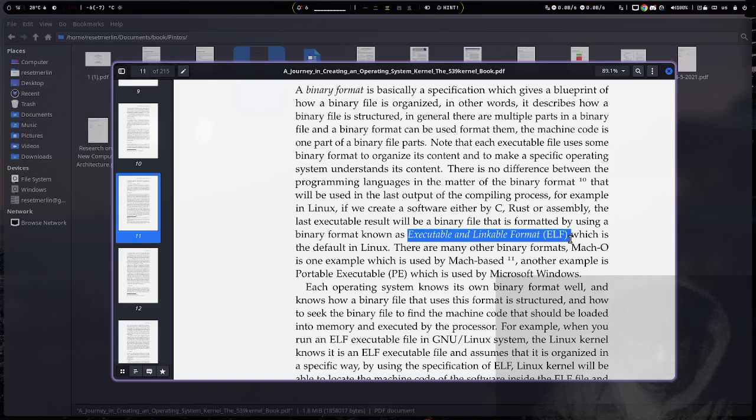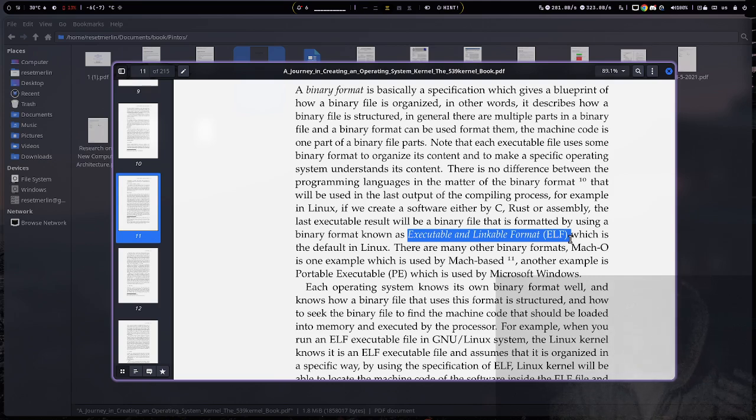ELF is just a way of organizing an executable file. It's similar to a bundle in web development, where there's machine code and metadata, and this bunch of things is called ELF, the executable and linkable format.